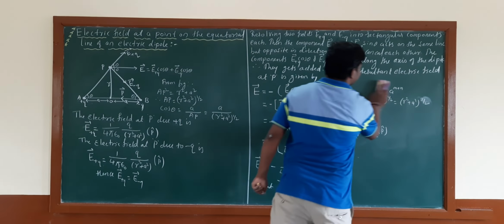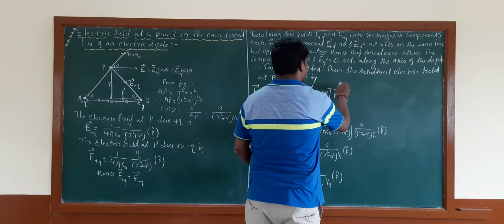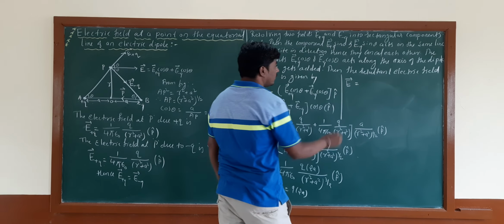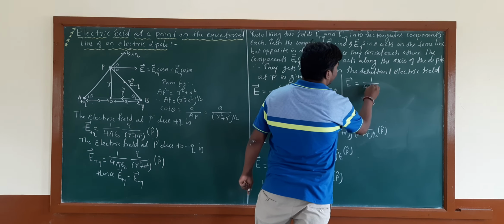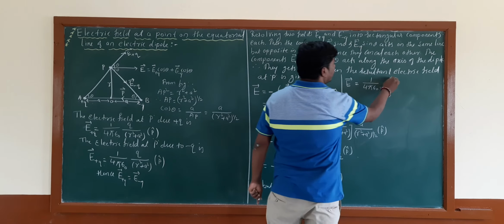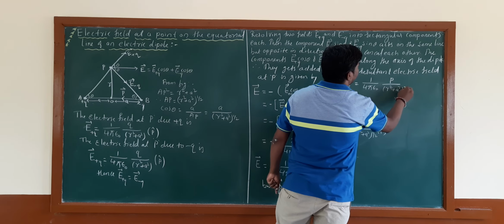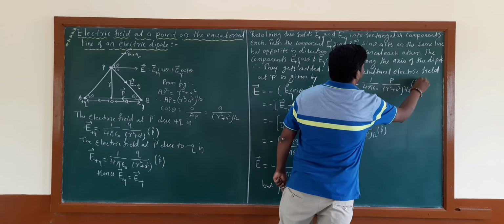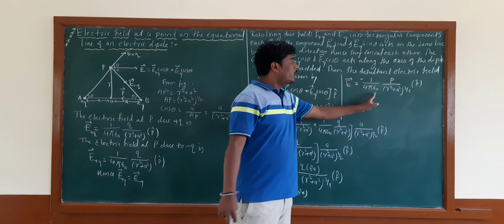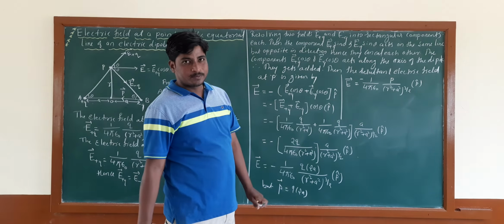Therefore, I write here E is equal to 1 divided by 4 pi epsilon naught, Q into 2A is nothing but P, divided by R square plus A square raised to 3 by 2, P cap. It is minus. Minus of 1 by 4 pi epsilon naught P divided by R square plus A square raised to 3 by 2, P cap.